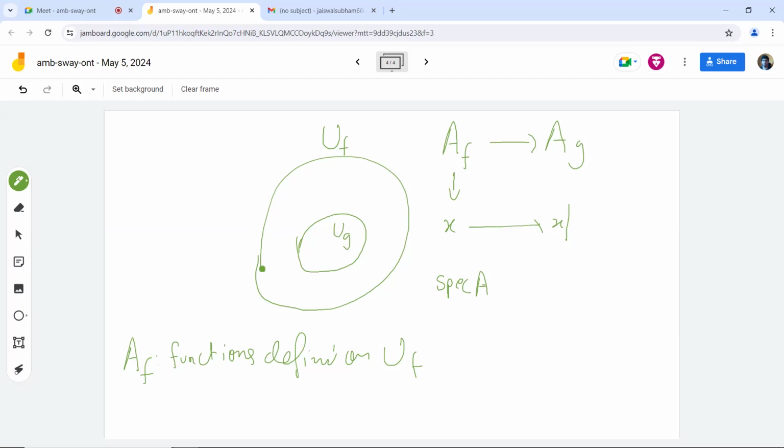So we should have a notion which prevents an element, which we are interpreting as a function, from being defined at certain primes. Otherwise it's just symbolically declaring, right? It's just like believing.